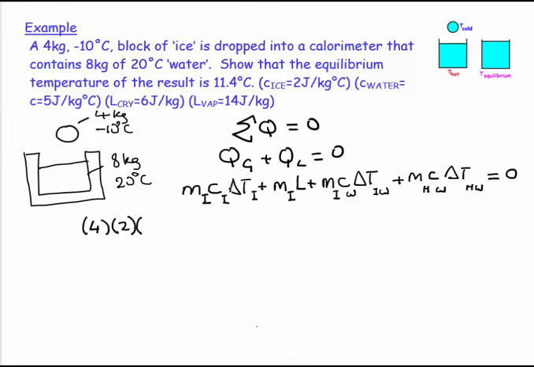The melting point of ice is 0 degrees C, and I start at -10. So my T final is 0 minus my T initial of -10. Common mistake is people put down T final here because they're not recognizing they go in steps.